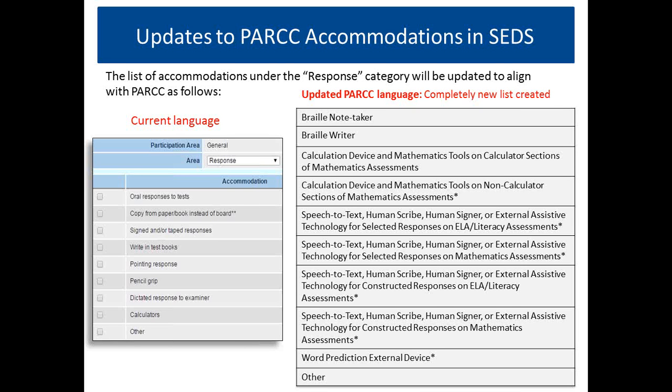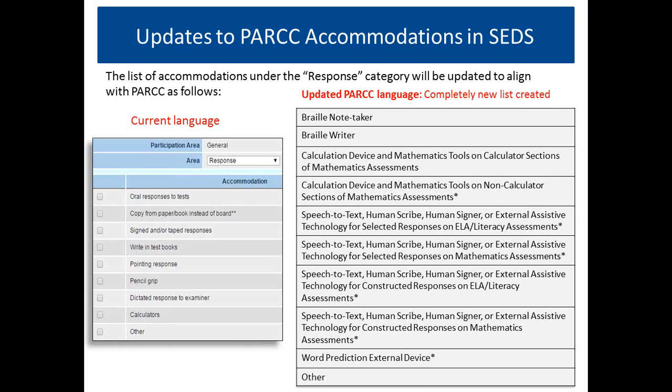Now, some of these are very similar, but because PARCC is so much different than DCCAS in some ways, we're just swapping out the entire list here. But again, you don't need to be concerned, because if you selected something in SEDS earlier for DCCAS, you don't have to go and amend the IEP just because this list got updated.